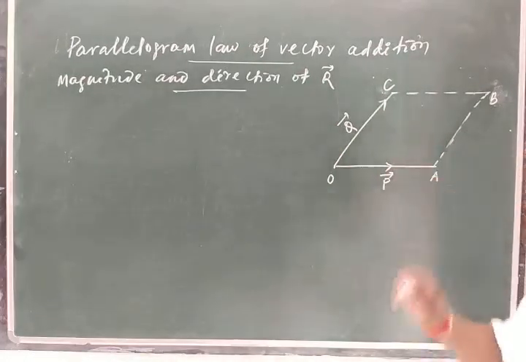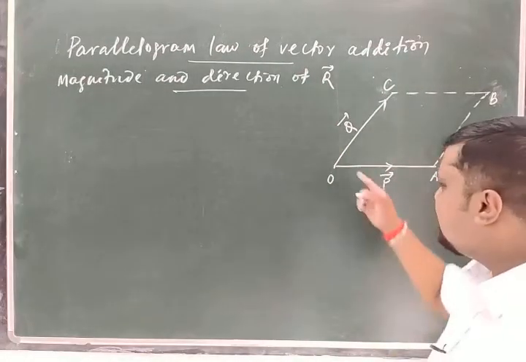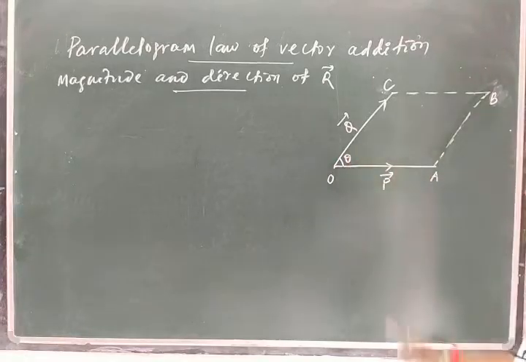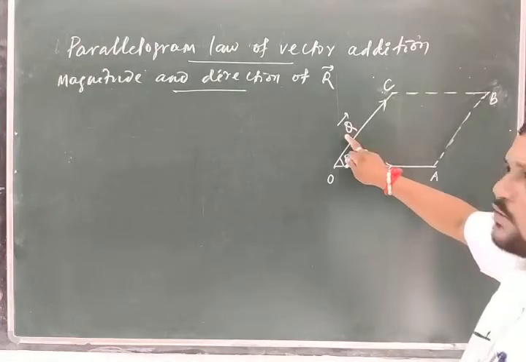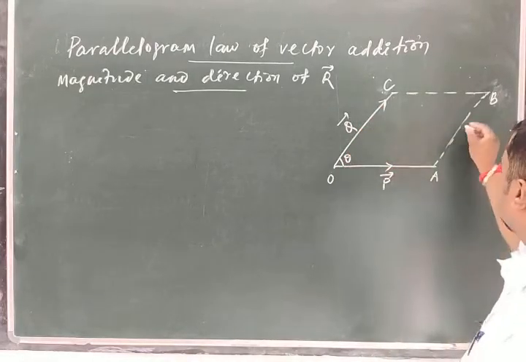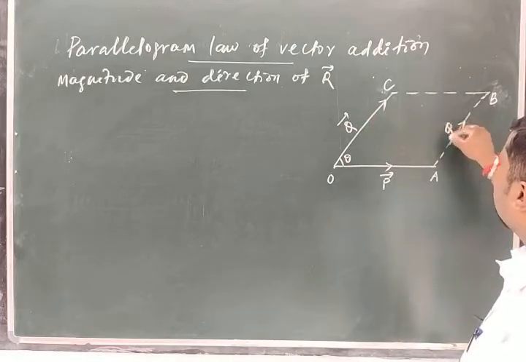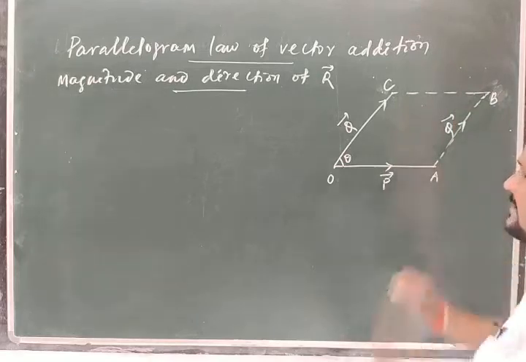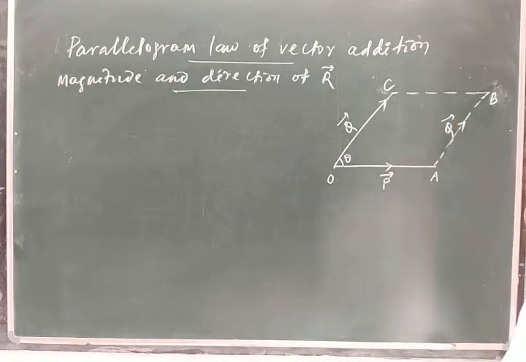And now what is the angle between these two vectors? Here it is very easy because the tail and tail coincide, so let theta be the angle between the two vectors. If this is a parallelogram and the Q vector is this one, if you shift it parallel to here, this is P, so this is also represented as Q. If this is Q, then in this part, what is the angle between P and Q?